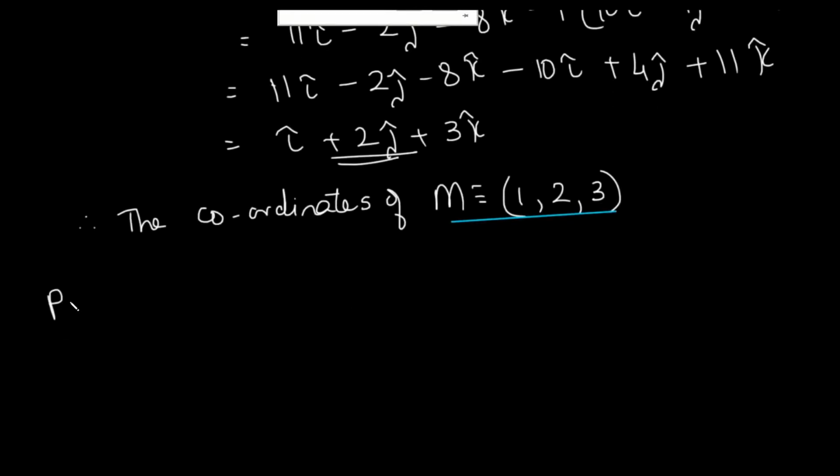So PM bar is equal to the position vector of M minus the position vector of P. The position vector of M is i plus 2j plus 3k, minus the position vector of P from the given question, P is actually 2i minus j plus 5k.